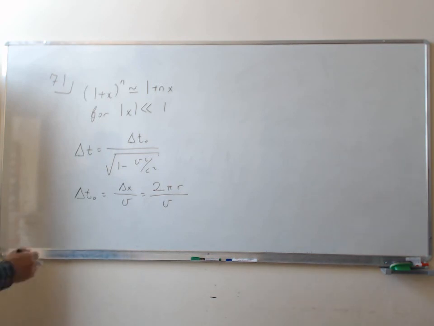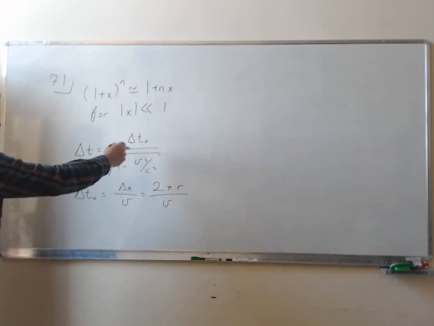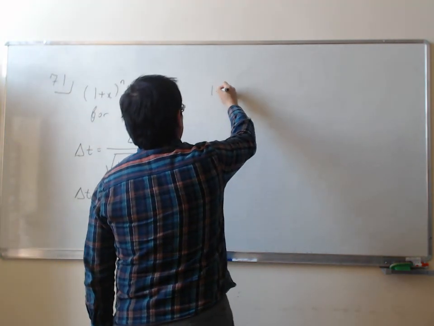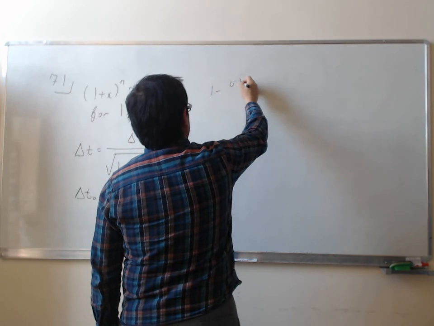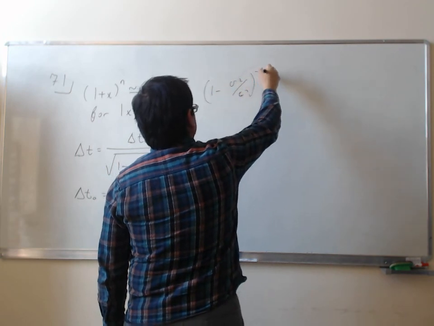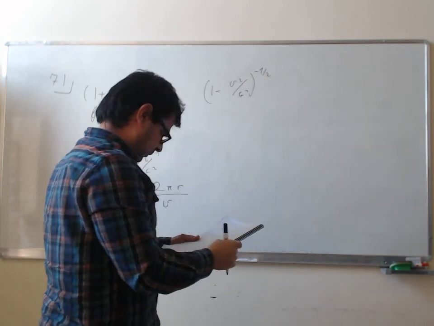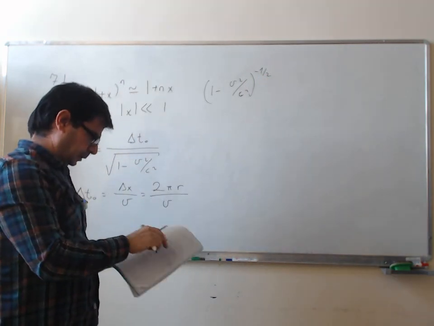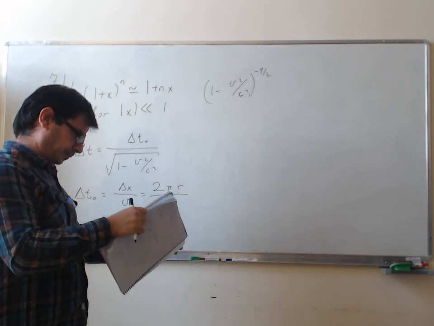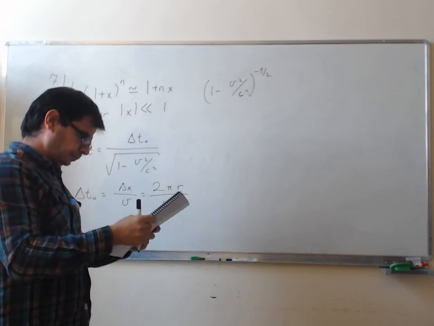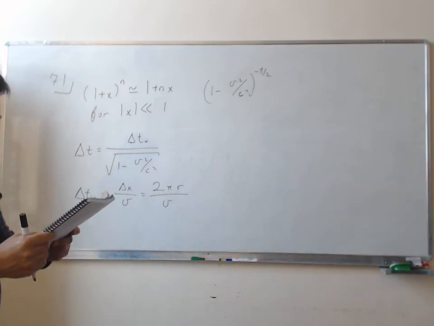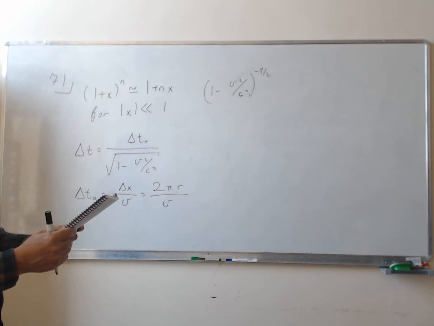By how much less? By this much less. So we need to calculate this by binomial expansion. So that's going to be 1 minus v square by c square, to the power minus a half. I didn't calculate this, but okay.